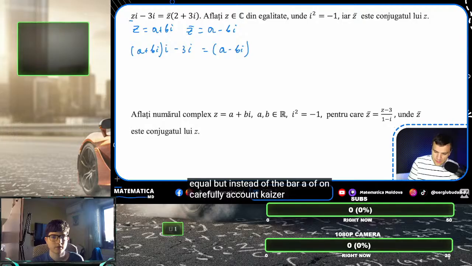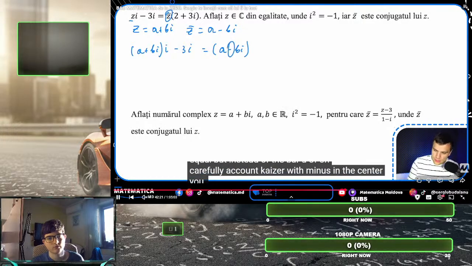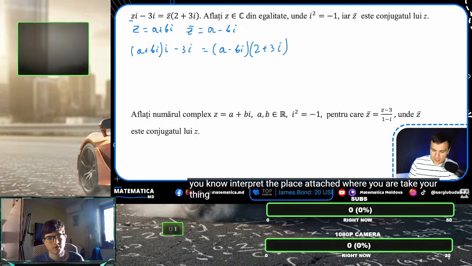He just switched the sign, but bro, you got the 2 plus 3, what are you gonna do with that? And you gotta work that out. Yes, you change the sign and you just put 2 plus 3i.